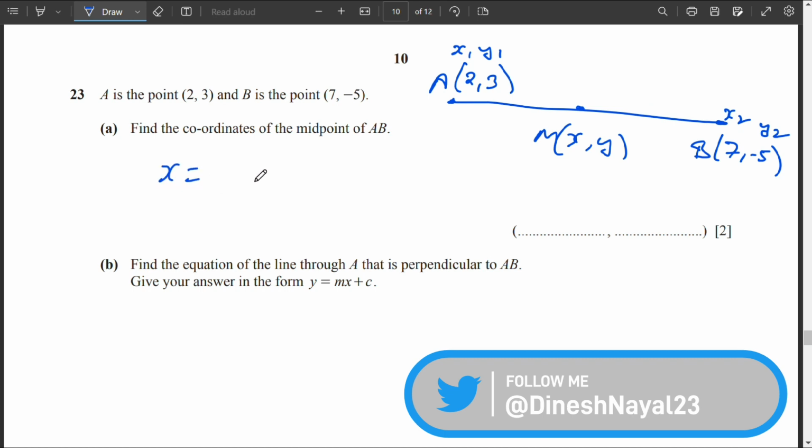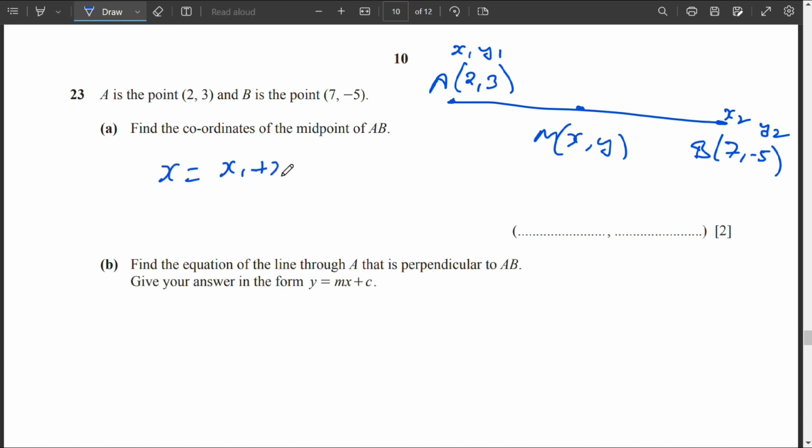Now see, what is x? x will be (x1 plus x2) by 2. x1 is 2 plus 7 by 2, that is 9 by 2, which is 4.5.